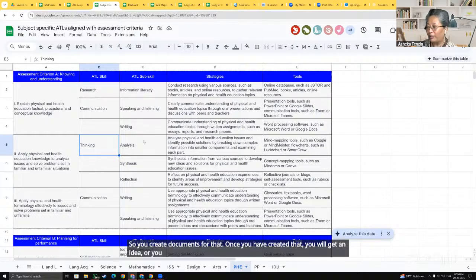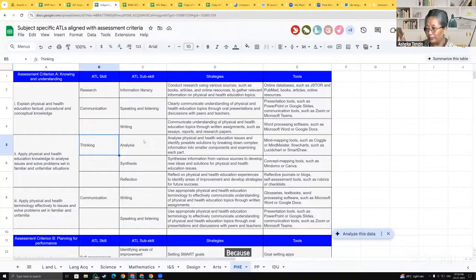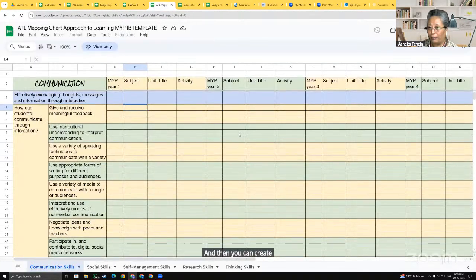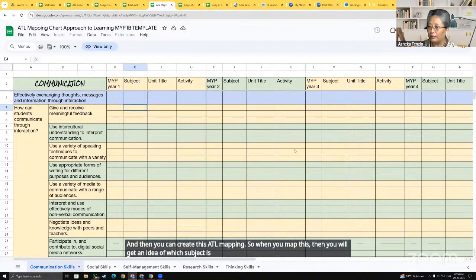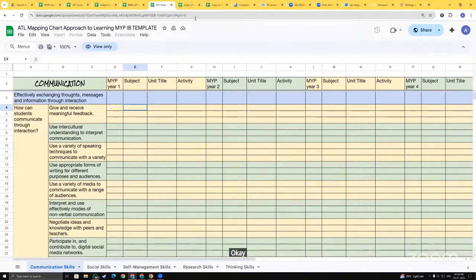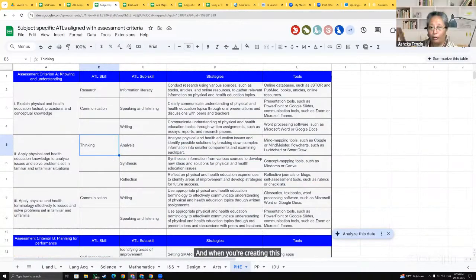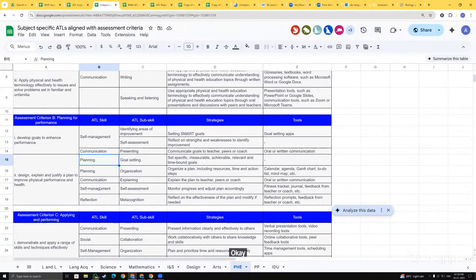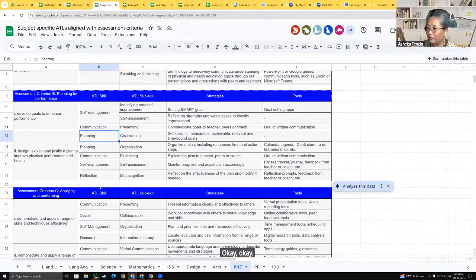You have already created a progression because the rubrics are different. And then you can use those strategies and create this ATL mapping. When you map this, you will get an idea of which subject is teaching what skill. And when you're creating this document, see that all the 5 skills are there. Answered? Yes, ma'am.